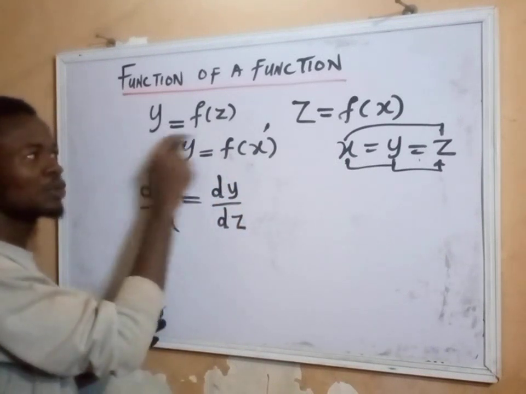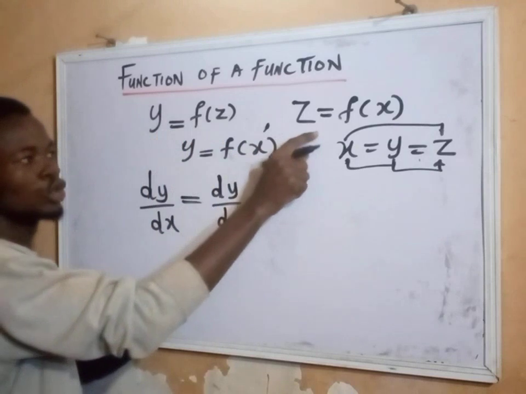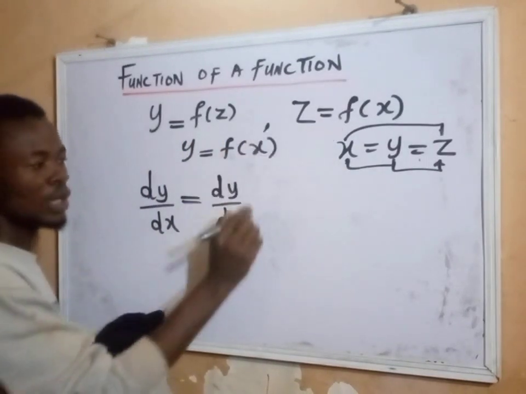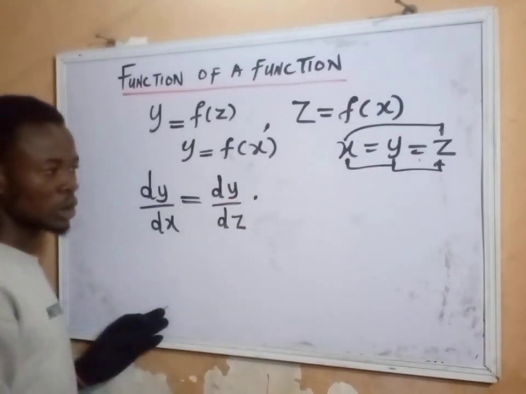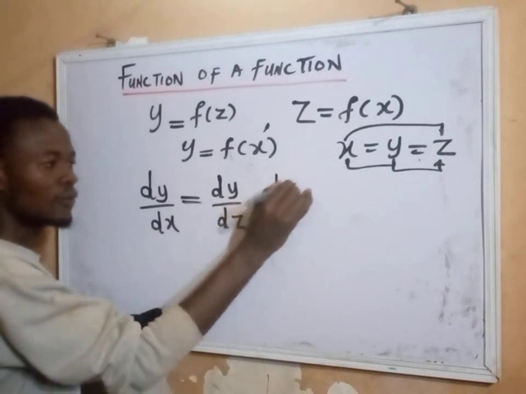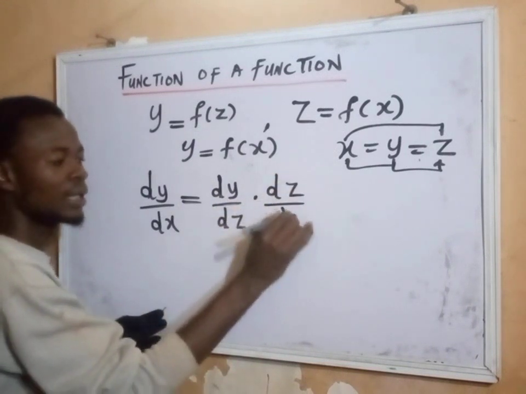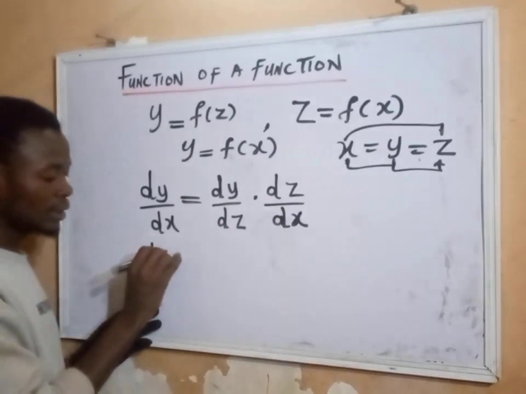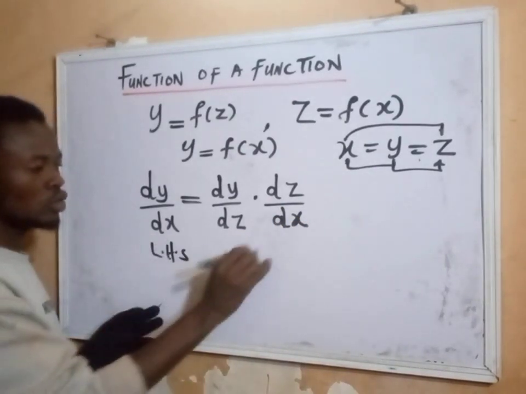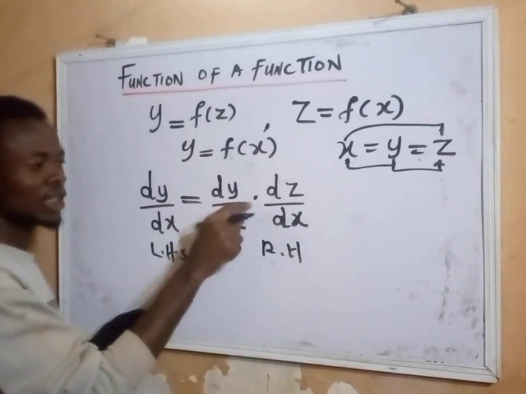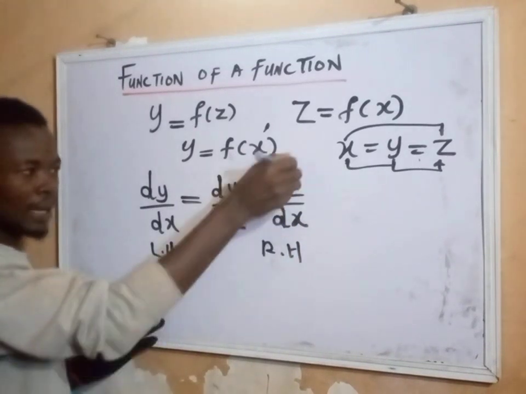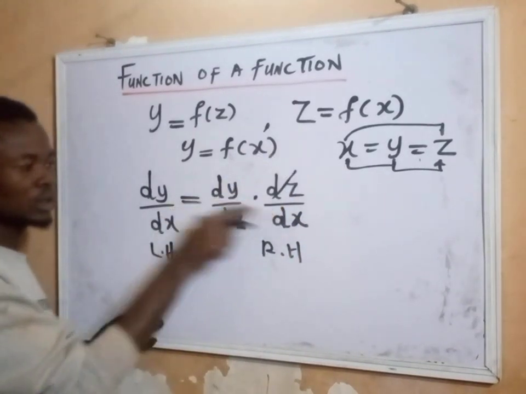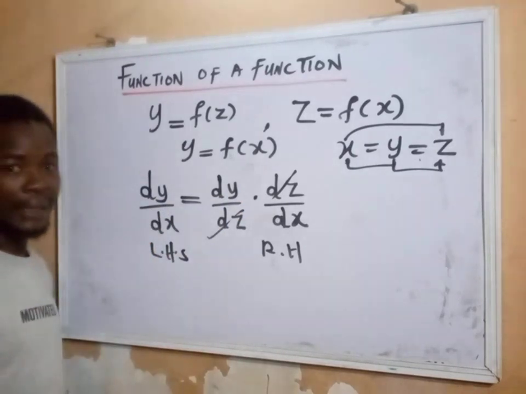You firstly differentiate with respect to z, then you also differentiate with respect to x, but this comes with multiplication. Then here you are going to have dz/dx. You see the left hand side equals the right hand side. As far as this is multiplication, by cancelling these two, we still have dy/dx.